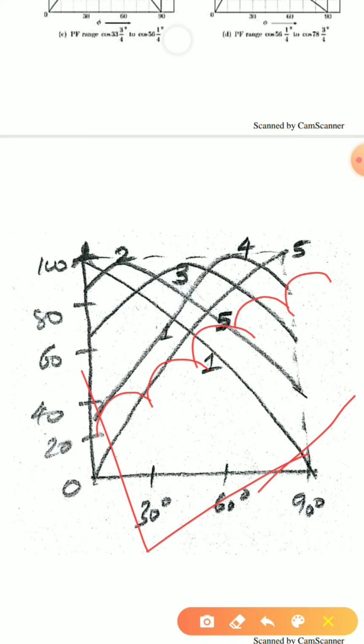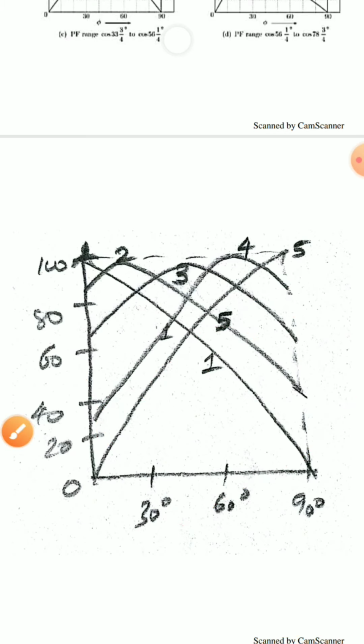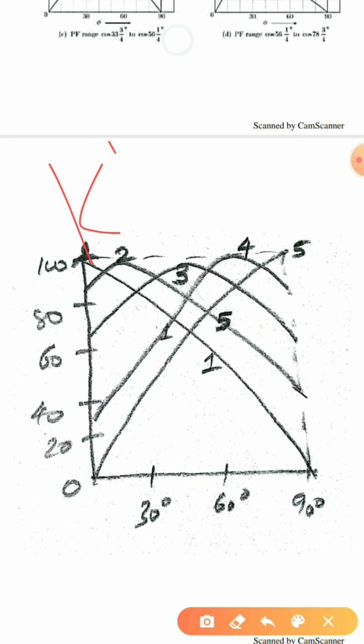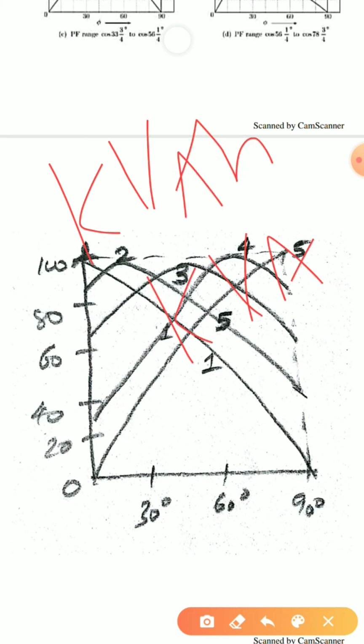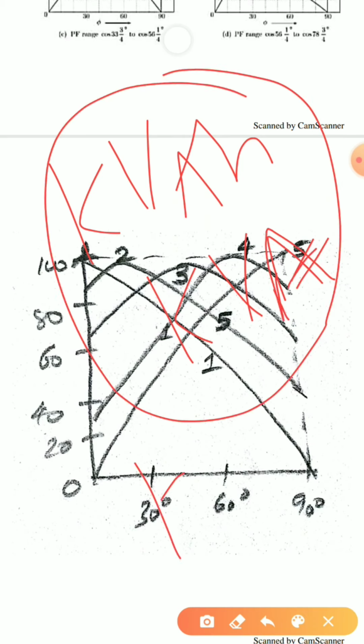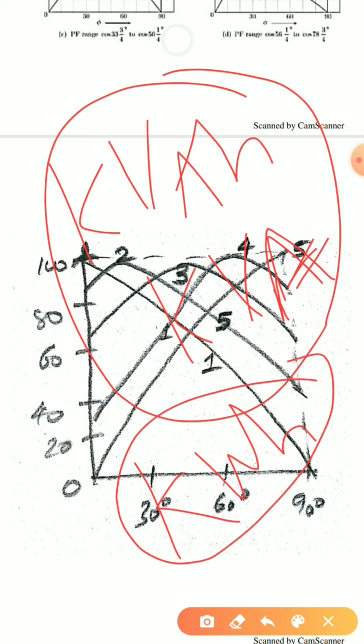So using a trivector meter, I can easily measure the values of kVAH and kVA for maximum demand. Whatever maximum demand I am having, I can easily measure all these values. Already I have a kilowatt hour energy meter connected, so this can also be measured.